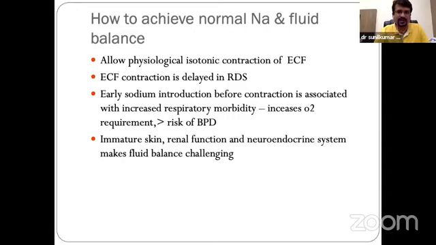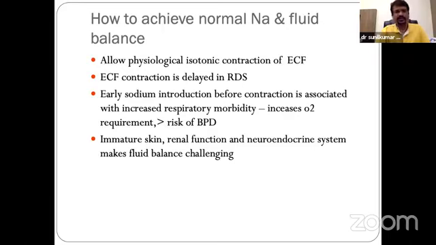This ECF contraction will usually be achieved by 2 to 5 days of life, and it will be known by weight loss of around 5% of baby weight and an increase in the urine output. These are the clues that the physiological isotonic contraction has been achieved.